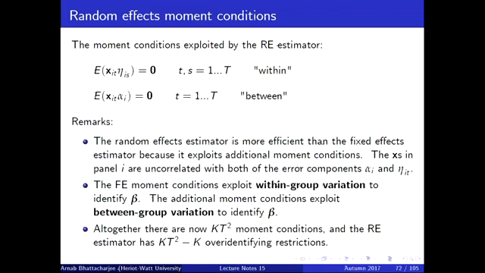Okay? So these moment conditions utilize the within variation, these moment conditions use the between variation, so you're using both. How many moment conditions are there? KT square moment conditions. Okay, how many parameters are there?